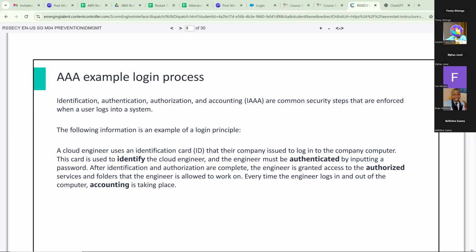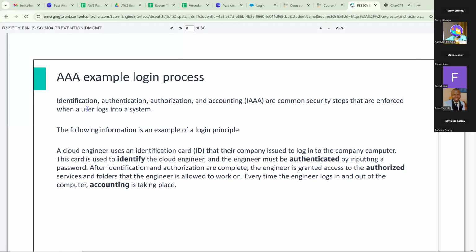So a cloud engineer. So Befalin uses an identification card that their company issued to log into the company computer. This card is used to identify her to the system. And as an engineer, she must be authenticated by putting in the password that she has been provided with. You understand? So she must input the password that she was provided with.